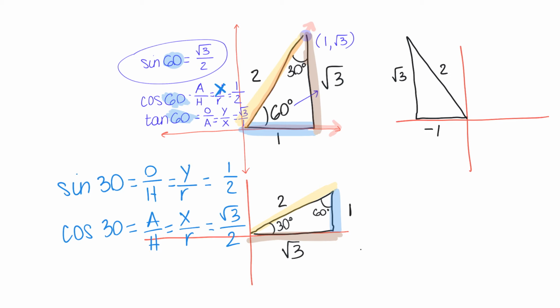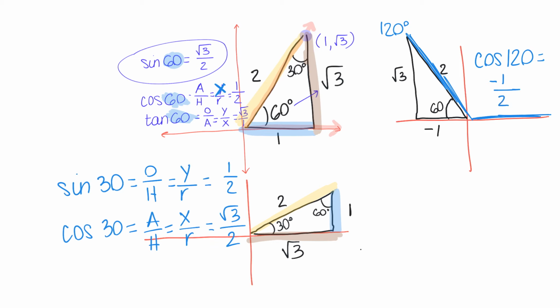So this is still a reference angle of 60, which means what's the actual angle here? 120, right? So the sine of 120 is going to be the same as the sine of 60. And then the cosine of 120 is going to be adjacent, which is -1 over 2.